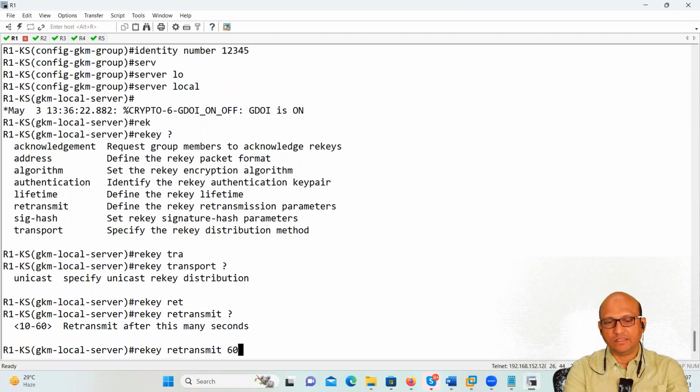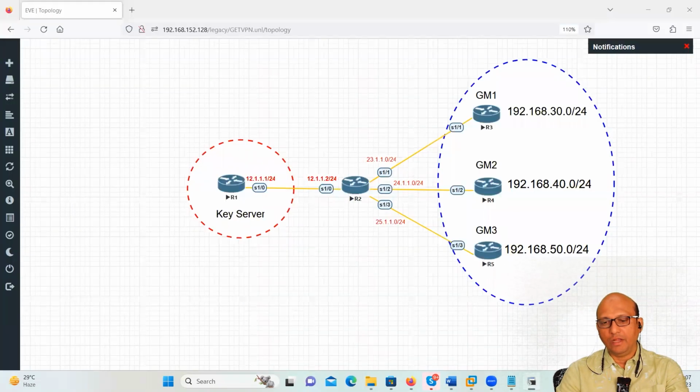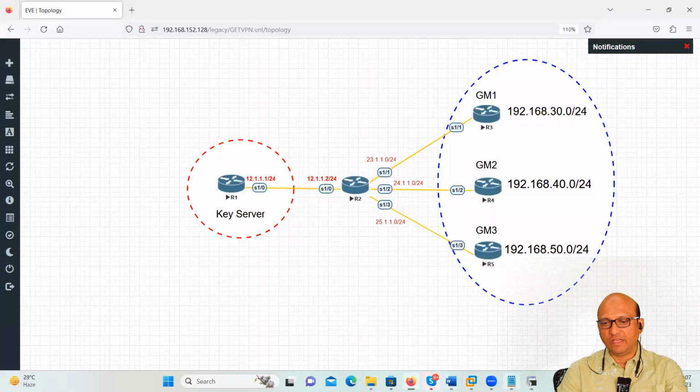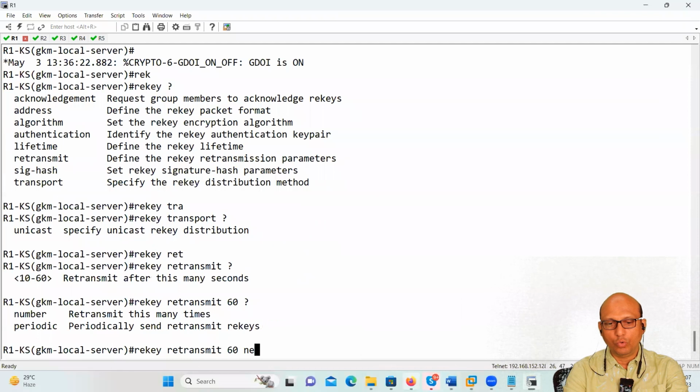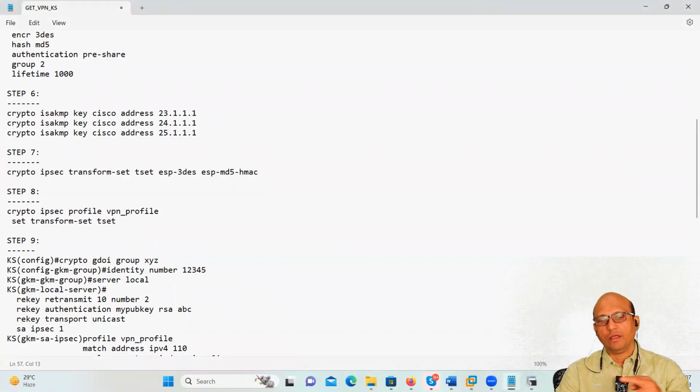So I say 60 seconds. Retransmit this many times. In 60 seconds, how many times you want to resend? I said in 60 seconds, I want number 2. Two times, I want this rekey should work.